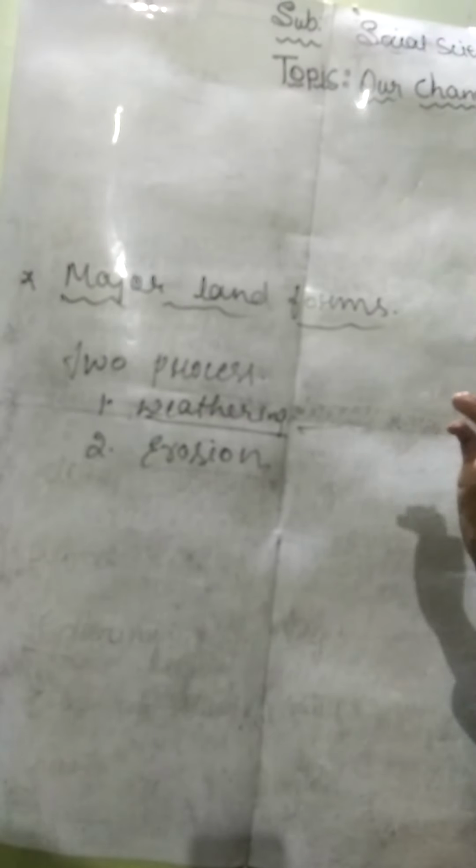So, what is meant by weathering here, students? Weathering is the breakup of the rocks on the earth's surface.